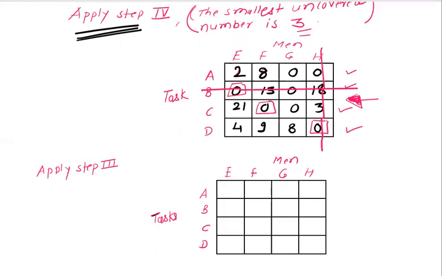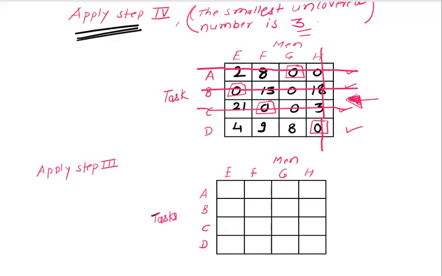So we make an assignment here and draw a horizontal line. Look at the third column now. So two zeros are already crossed. So there is a single zero now. We can use it for an assignment and draw a horizontal line.